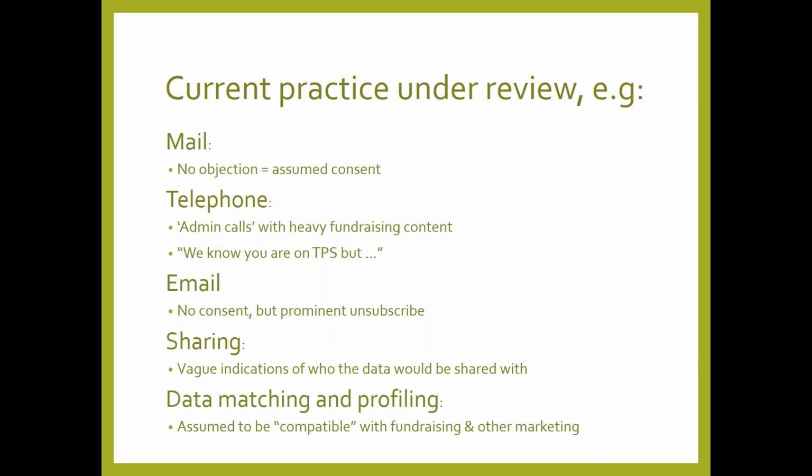And people have been doing that without necessarily telling people that they're doing it, because they assume that it's part of the fundraising process and therefore it doesn't have to be flagged up individually. And all of these things are ones which the Information Commissioner and some other people have been saying, well, actually, we need to think again about these.